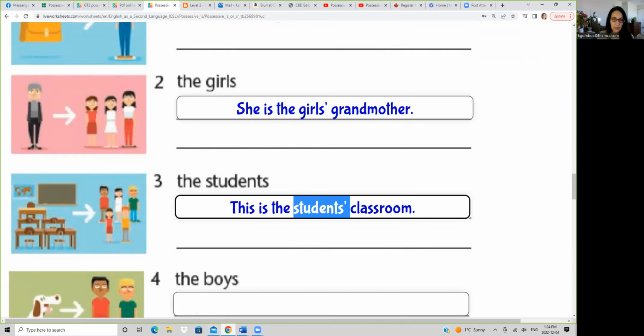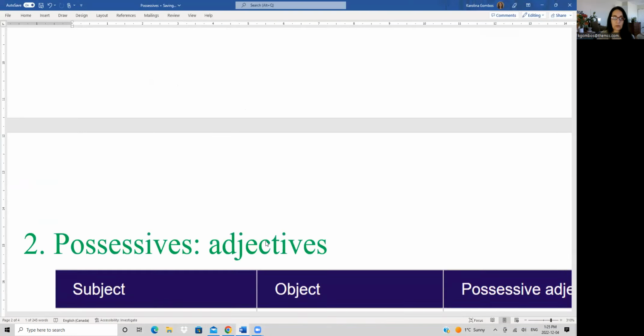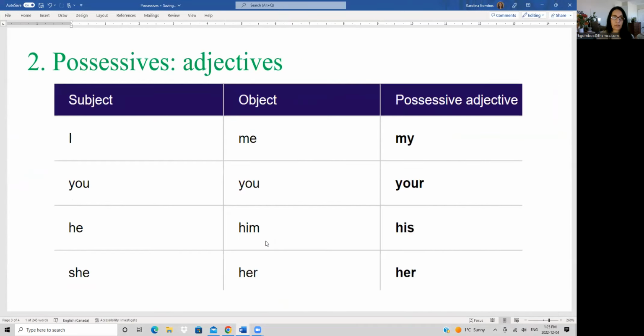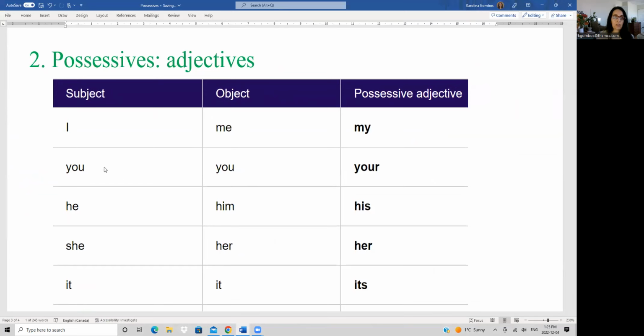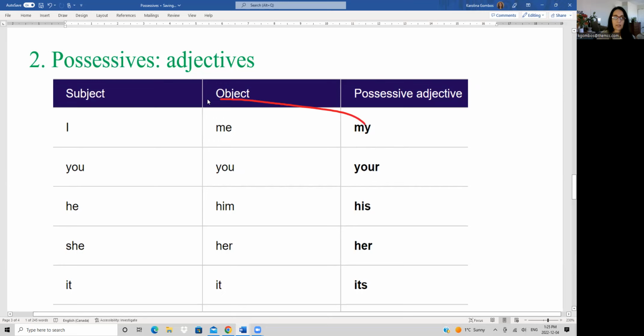And let's see, I want to talk about one more form that is called possessive adjective. Possessive adjectives are for I is my, you is your. Let me try to do this for you. So for I, I have mine.